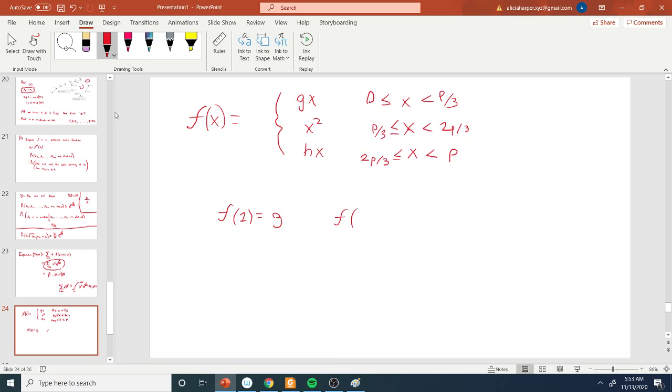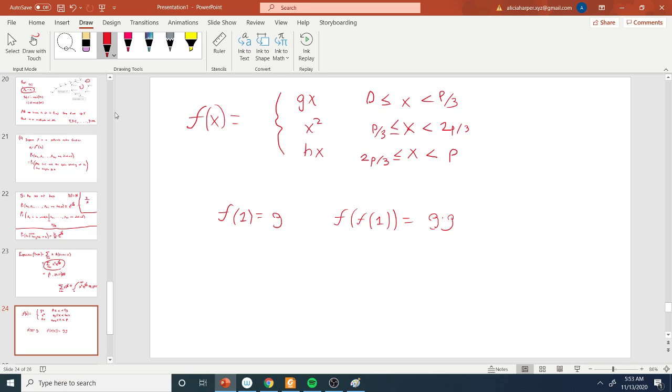But then if we do f again, assuming our primitive root is small, which it usually is because it's usually like 2, 3, 5, or 7, we might get, for example, g times g. But even if we didn't, we would either square it, and we would get g squared, or we would get h times g.